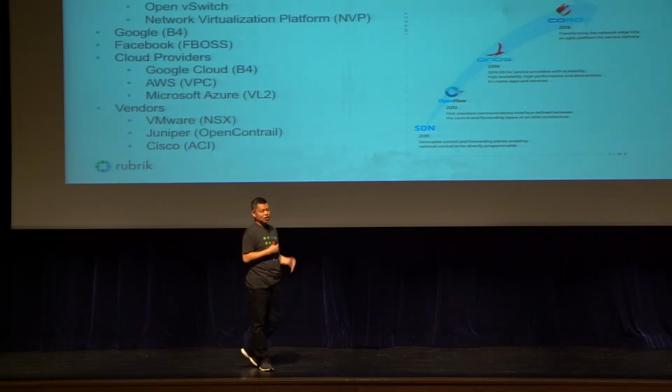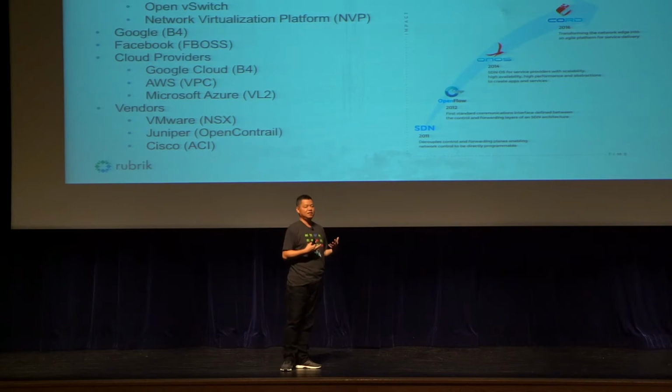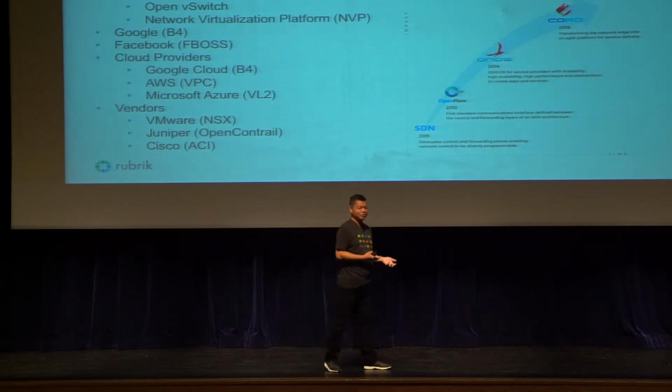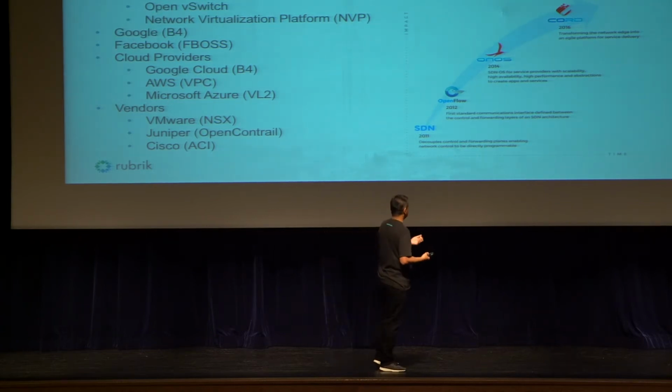And around that time, you started also seeing SDN in production, in the wild, right? So Nicira led the way, which is, again, why VMware bought them. They introduced what became NSX, started with Open vSwitch, OpenFlow, the network virtualization platform that is now called NSX.